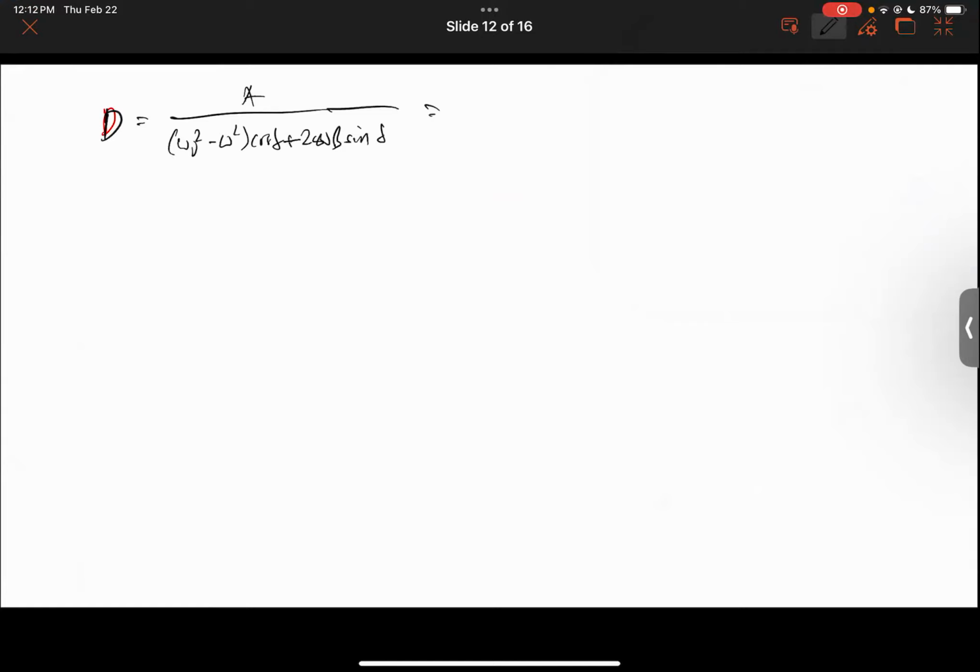Okay, or if we write that in this way, square root ng omega naught squared minus omega squared squared plus 4 omega squared beta squared.